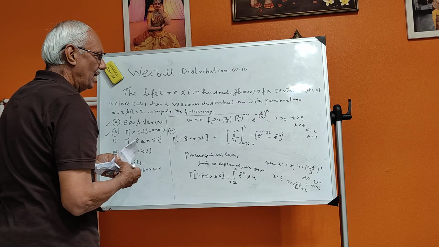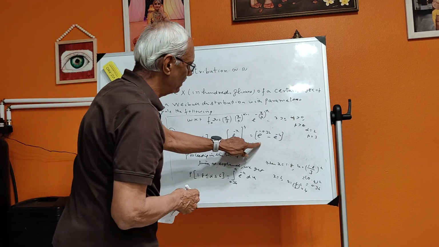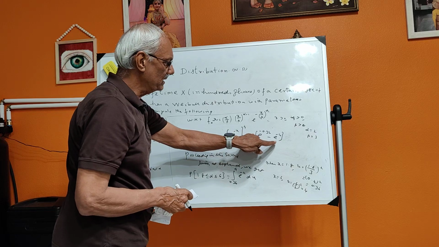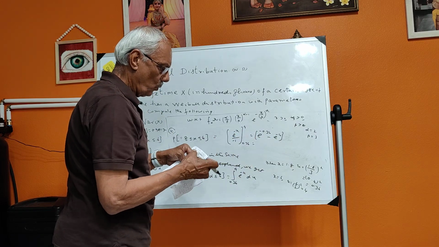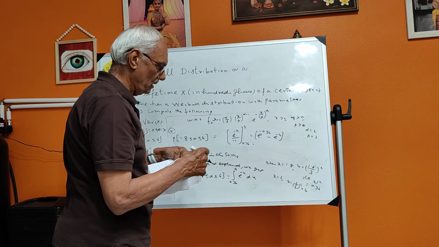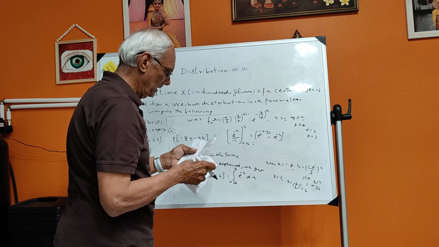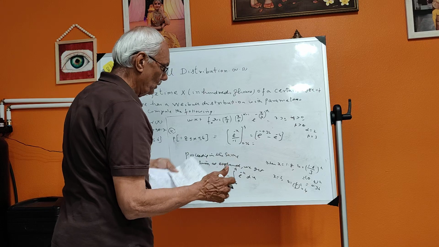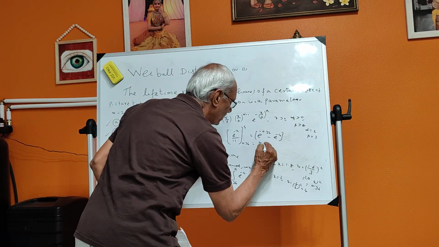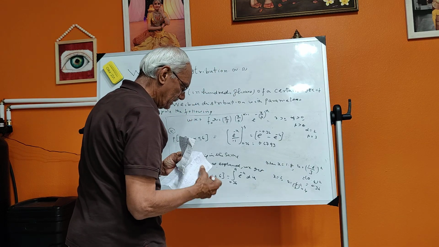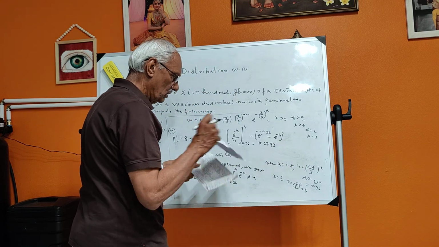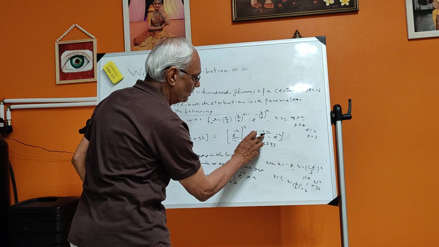I will give you the answer. You just find the value of e to the power of minus 0.36 and find the value of e to the power of minus 4 and do the subtraction. What you will get here is 0.6793.